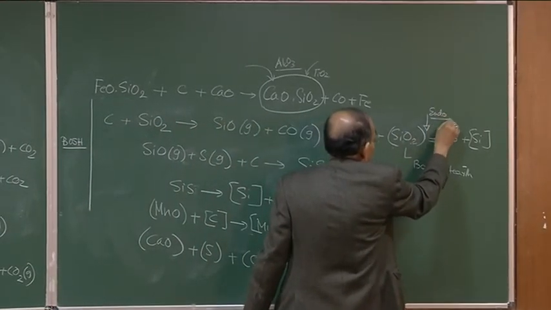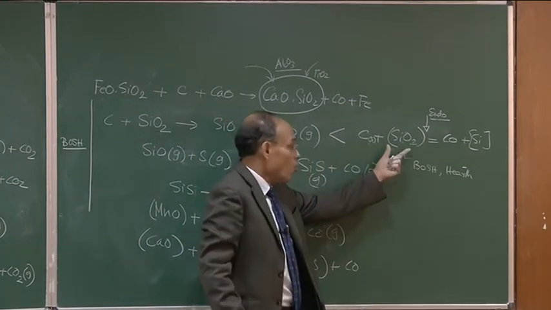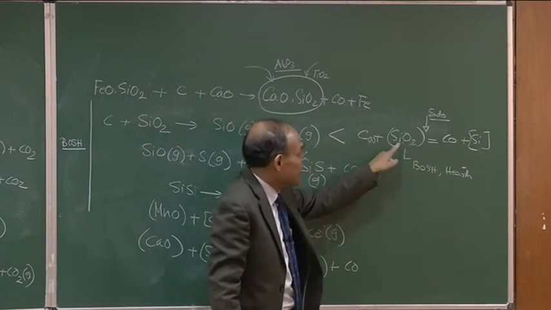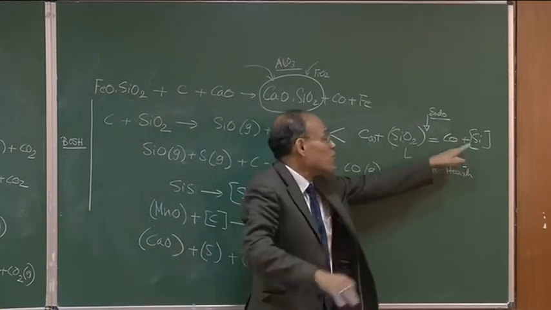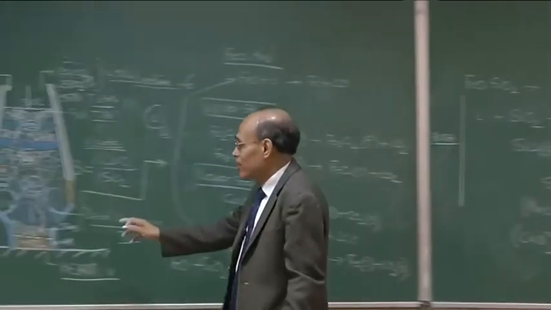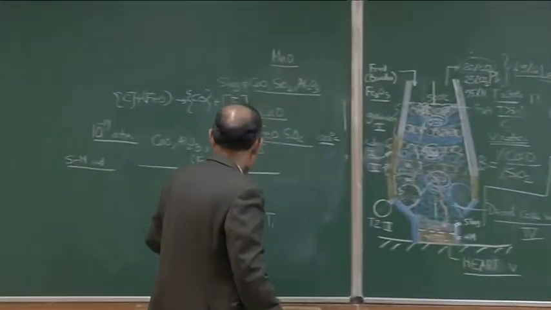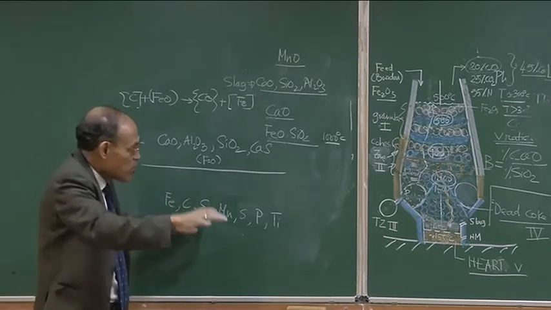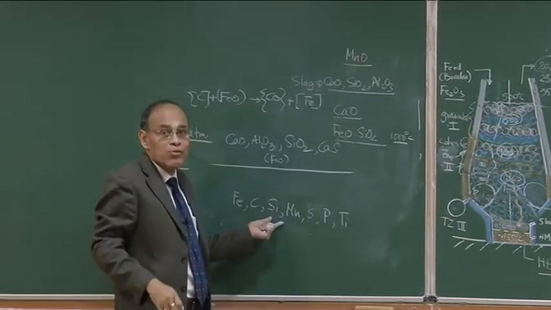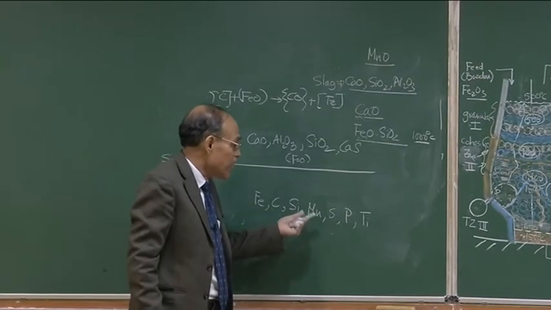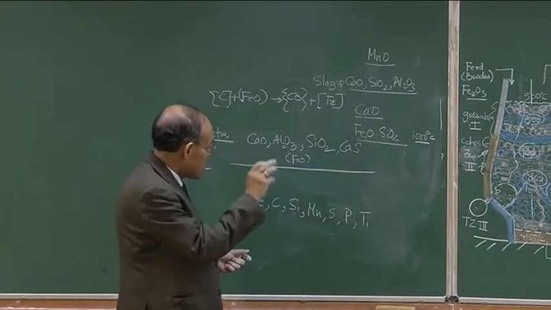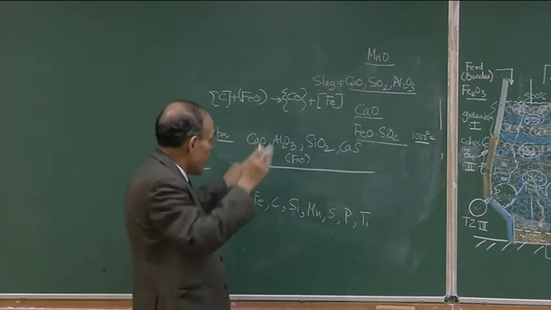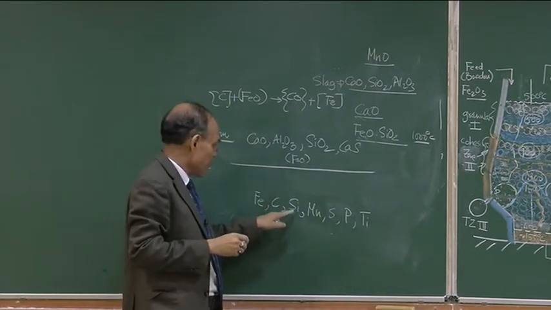So, if you have a very high hearth temperature or Bosch temperature, this reduction reaction will be facilitated in the forward direction, and as a result the material will be produced with high silicon content pig iron. So, the hearth temperature, the Bosch temperature will tell you how much silicon is coming into the metal itself. Similarly, if you want good lime basicity here, you have to jack up the temperature, and then also the silicon content is going to increase.